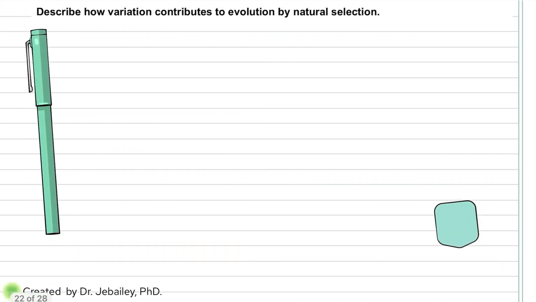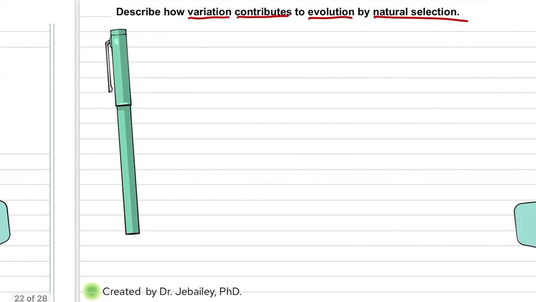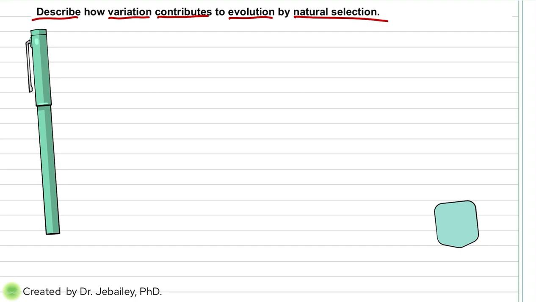Now here, describe how variation contributes to the evolution of natural selection. It's another question just about this. But of course, it says describe, so that means you've got to go into more detail. So obviously, you're going to mention meiosis, and definitely sexual reproduction.